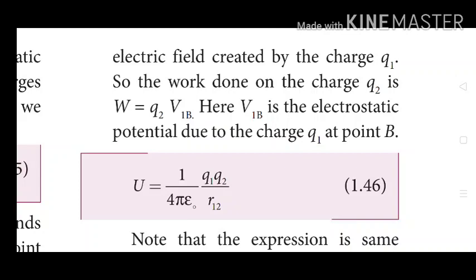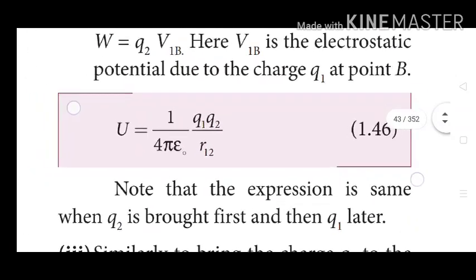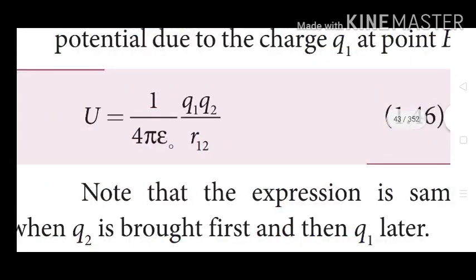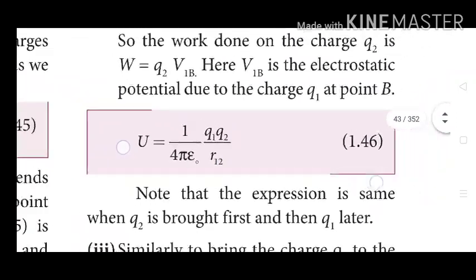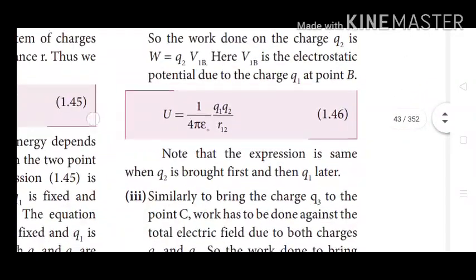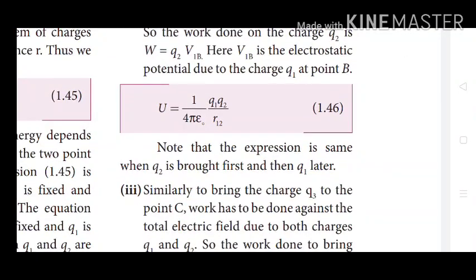Here V1B is the electrostatic potential due to charge Q1 at the point B. U is equal to 1 by 4 pi epsilon naught Q1 Q2 by R12. Note that the expression is the same when Q2 is brought first and then Q1 later.